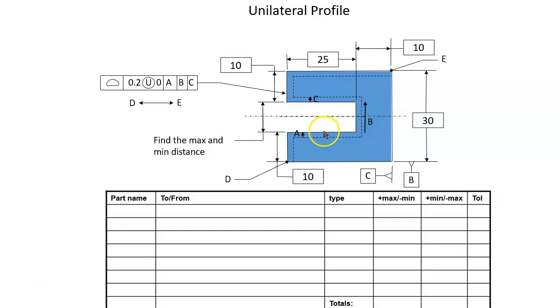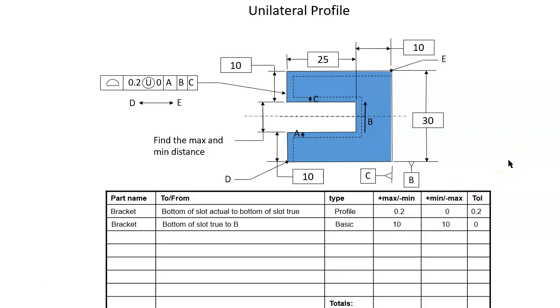We're going to go from there to the true profile, going to go true to true, and from true up in a positive direction to the worst case error up at the top of the slot. So do that. Start from the bottom of the slot actual to the bottom of the slot true with our profile of the surface. And with unilateral profile, we're going to put the entire 0.2 in the left column because it's positive, and 0 in the right column.